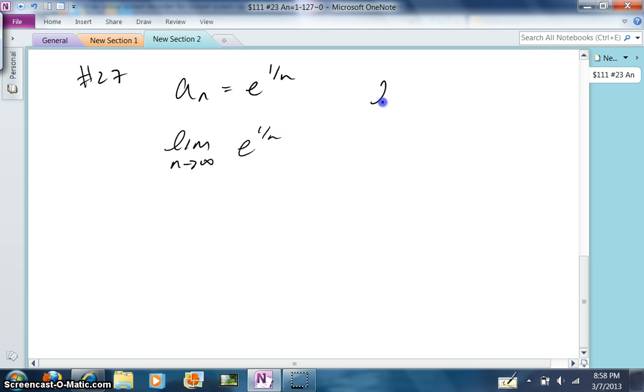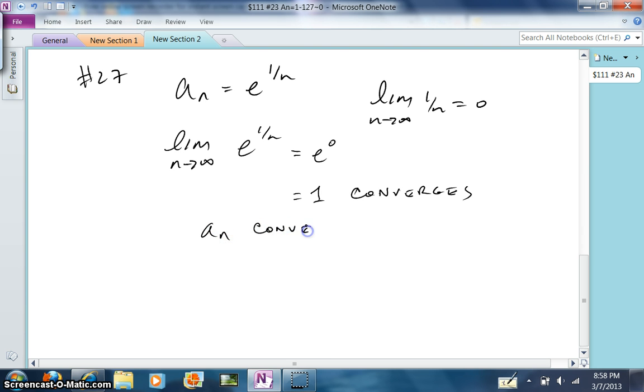And we know the limit as n goes to infinity of 1 over n is equal to 0. So this is equal to e to the 0, which is 1. So it converges. So a_n converges.